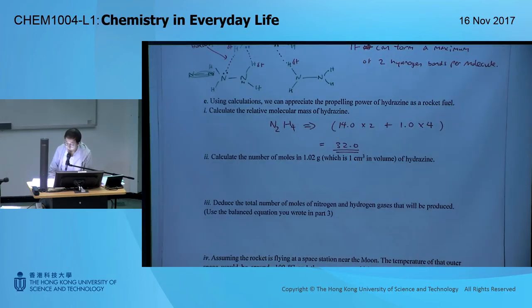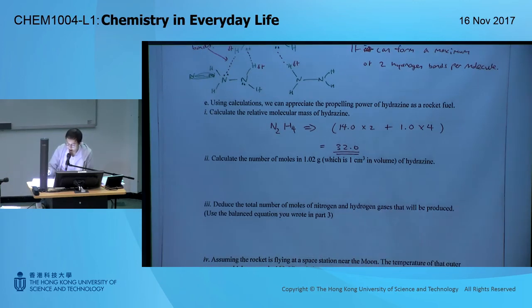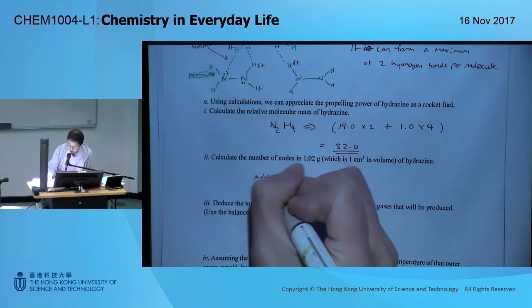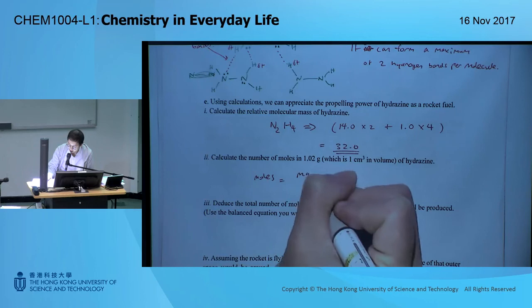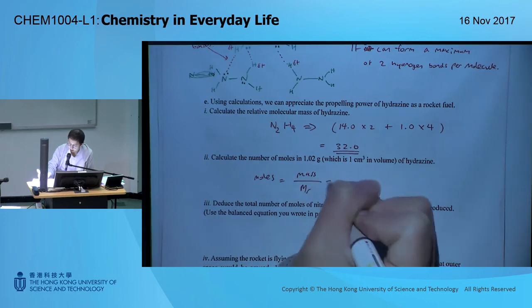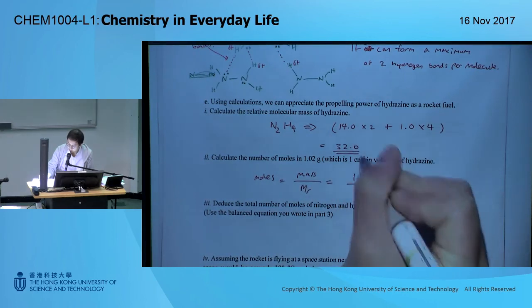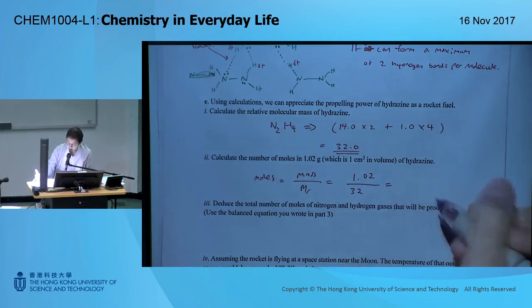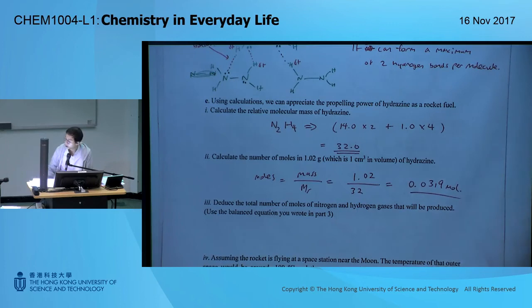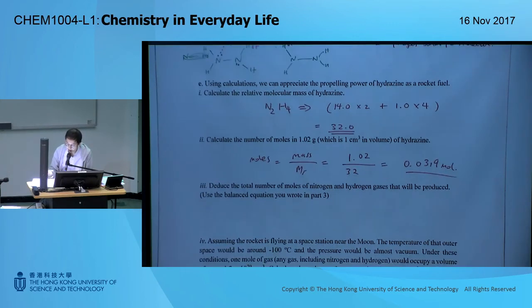Second, number of moles in 1.02 grams of hydrazine, which is 1 cm cube in volume. So the density of hydrazine is 1.02. So moles, we are given a mass, so mass divided by Mr. So 1.02 divided by 32 would be 0.0319 moles. So in 1 cm cube of hydrazine, there is 0.0319 moles of hydrazine.